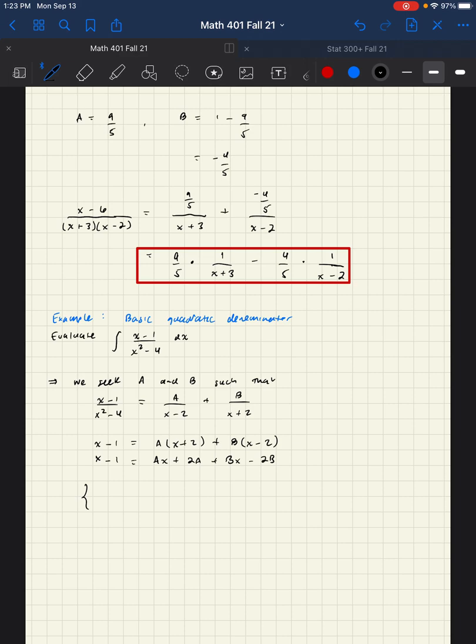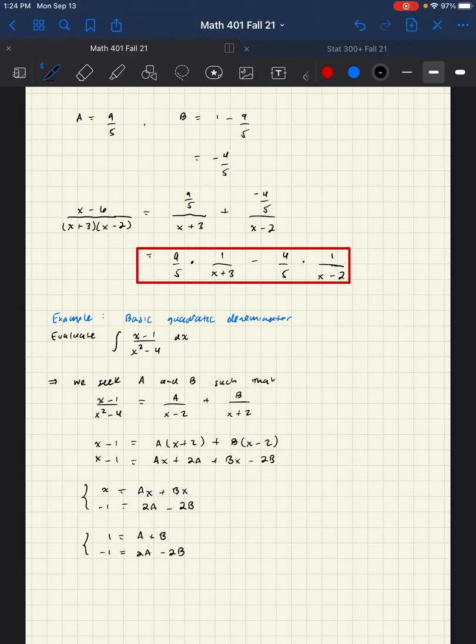And by collecting x terms and constant terms, we get the coefficient of x: A plus B equals 1, and -1 equals 2A minus 2B, which simplifies even further to just 1 equals A plus B, and -1 equals 2A minus 2B.